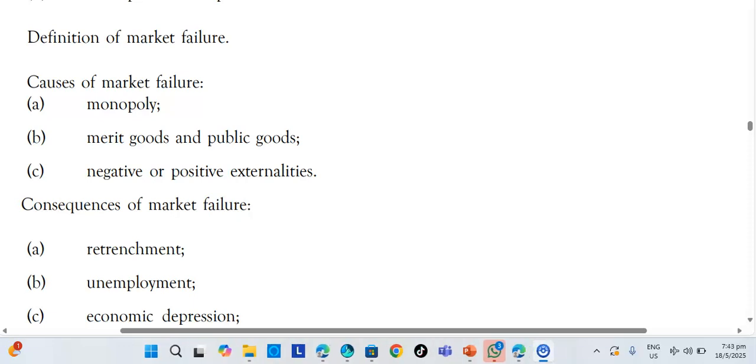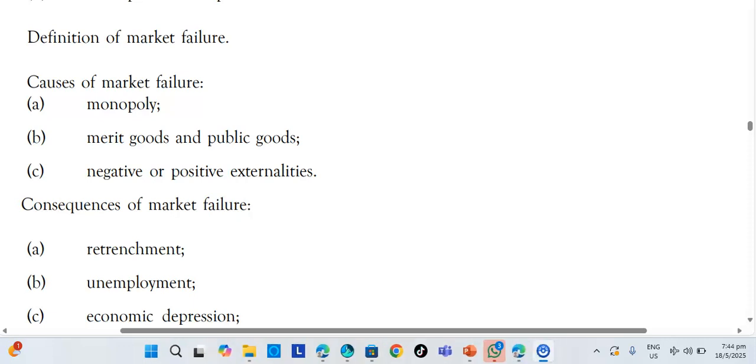Another cause of market failure is merit goods and public goods. Merit goods are goods that are underconsumed in a free market, even though they provide benefits to individuals and societies. Example, education and healthcare.